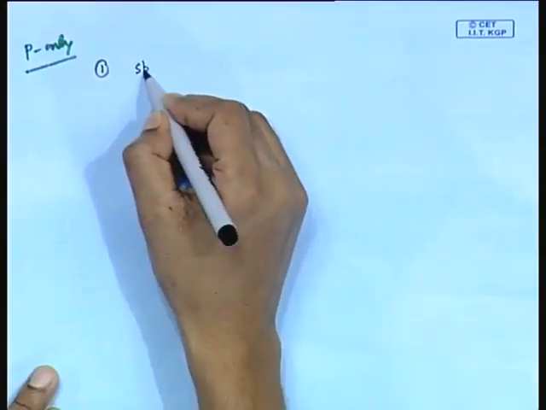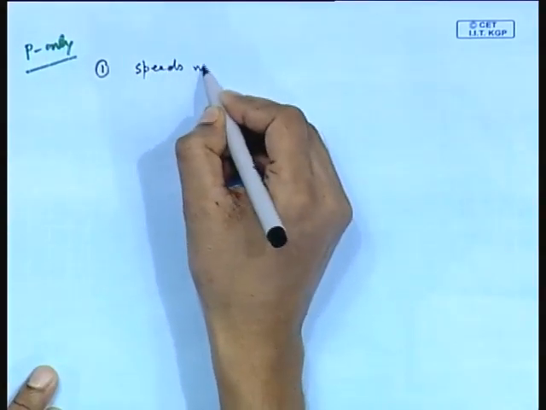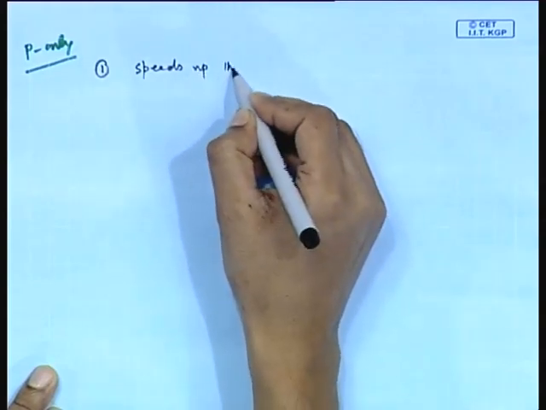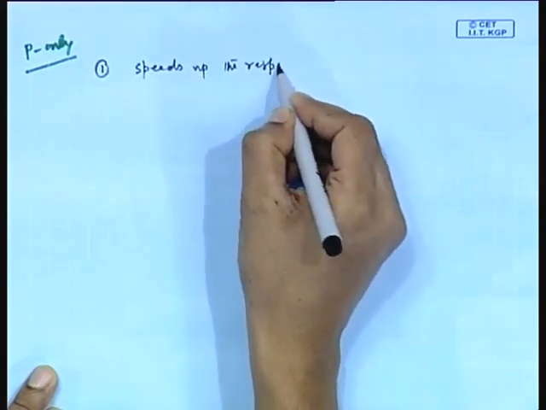If we include a proportional controller with a process, the overall response becomes faster than the open loop response. Therefore, we can conclude that the P-only controller speeds up the response.